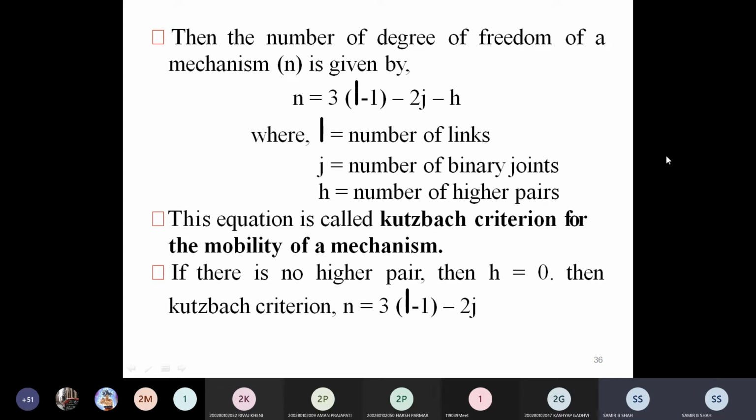When talking about planar motion, mostly there are only 3 degrees of freedom for a planar mechanism. So if we want to analyze a planar mechanism, it is very simple.